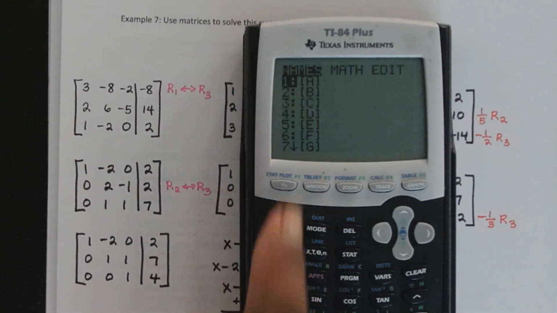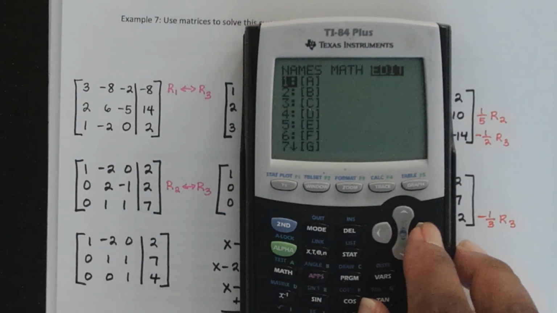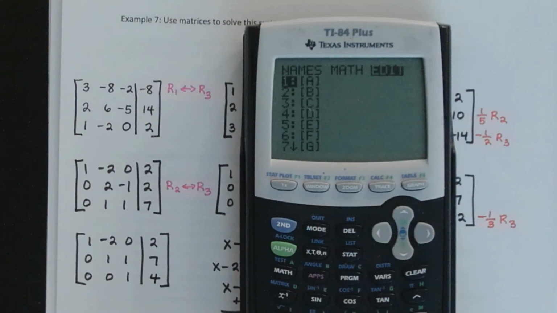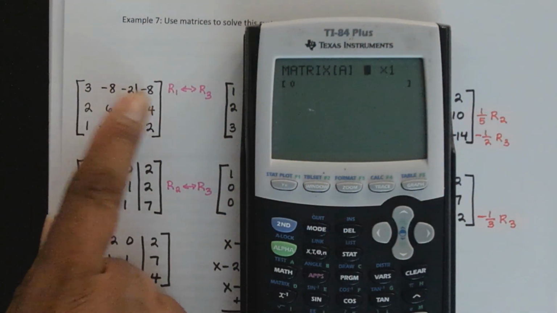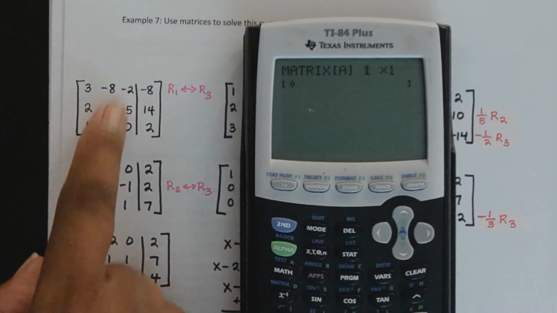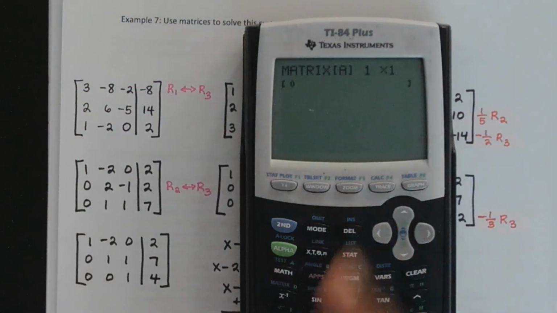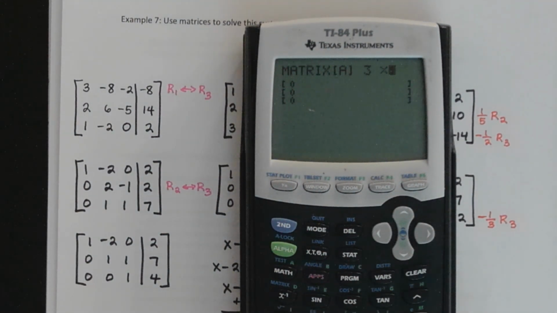Now, I'm going to put in a brand new matrix, so I'm going to use my right arrow key to edit, and then go to number 1. Now, let's take a look at the dimensions here. There are 3 rows and 4 columns. So that first number is the number of rows, which is 3, then enter, and then I'll type in the number of columns, which is 4.